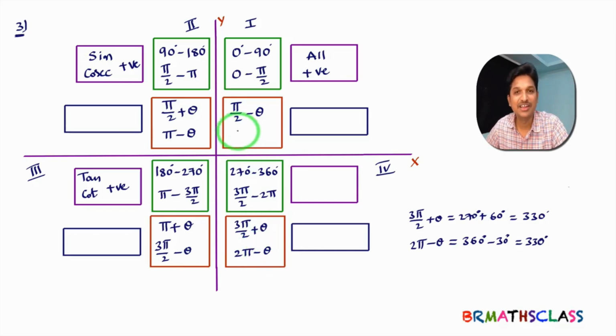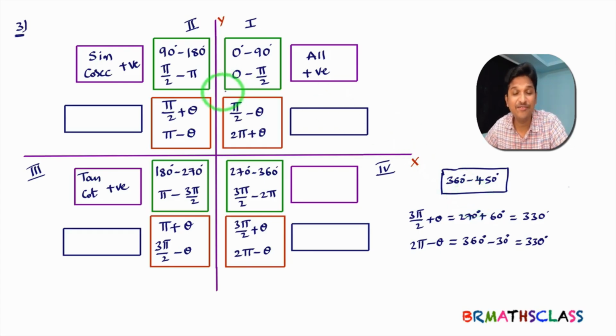Now you come here. 2 pi plus theta. This is important. 2 pi plus theta lies in first quadrant. Actually, you see 0 to 90, 90 to 180, 180 to 270, 270 to 360, 360 to 450 degrees. It lies in which quadrant? 360 degrees to 450 degrees.